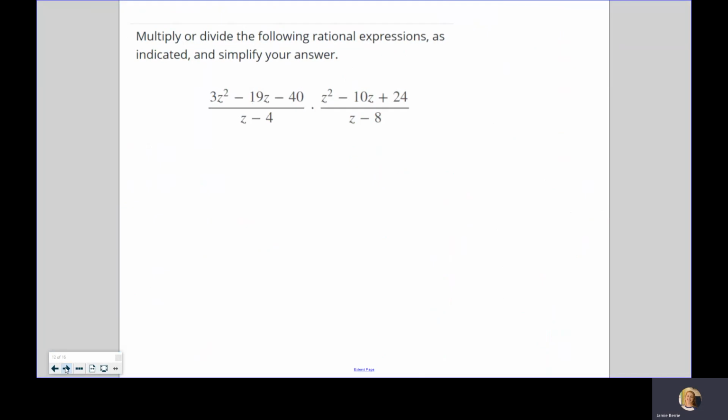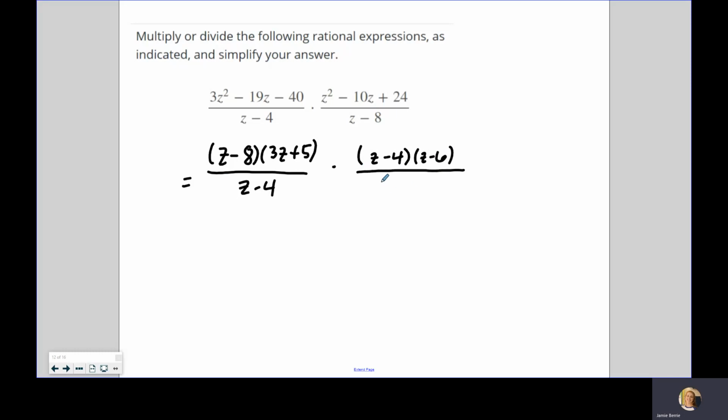All right, so let's write this down in the simplified form. We have in the numerator over here, z minus 8, 3z plus 5 over z minus 4, times z minus 4 times z minus 6 over z minus 8.